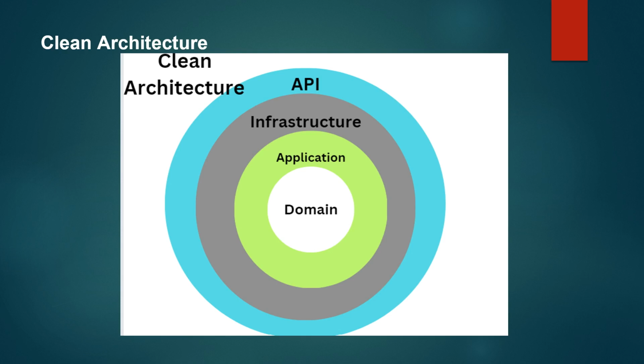I will show you how we can implement clean architecture and also explain what things we can do inside each layer. Firstly, let me go through what each layer can touch. First, the domain layer. I told you there is no dependency on other layers, but it has its own responsibility.